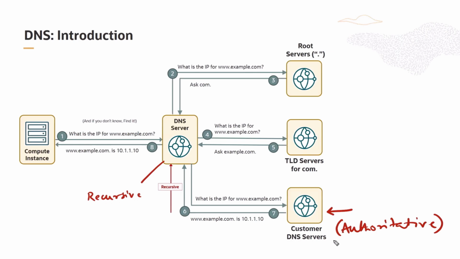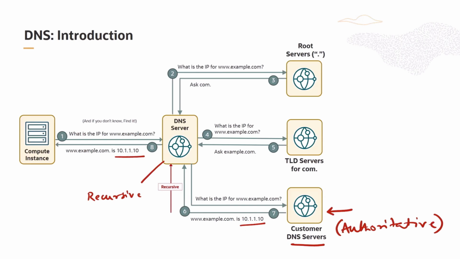This one is authoritative because this DNS server actually holds the records. So when the DNS server asks the customer DNS servers what is the IP address for www.example.com, in this case, because these servers have the records, they are going to return the answer. For example, this IP address. And then the DNS server is going to return to the browser this.